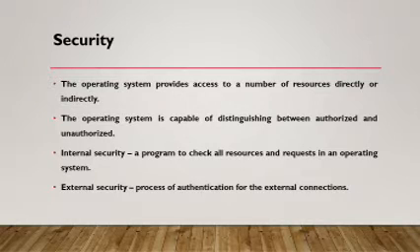The first is that the operating system provides access to a number of resources, directly or indirectly, such as files on a local disk, privileged system calls, personal information about the users, and the services offered by the programs running on the system. And the operating system is capable of distinguishing between requesters of these resources who are authorized to access the resource and others who are not authorized.